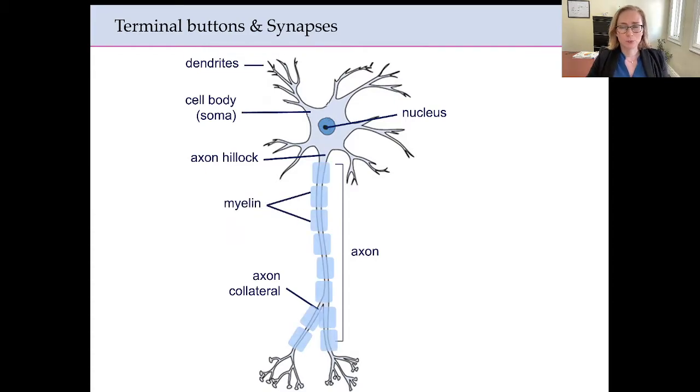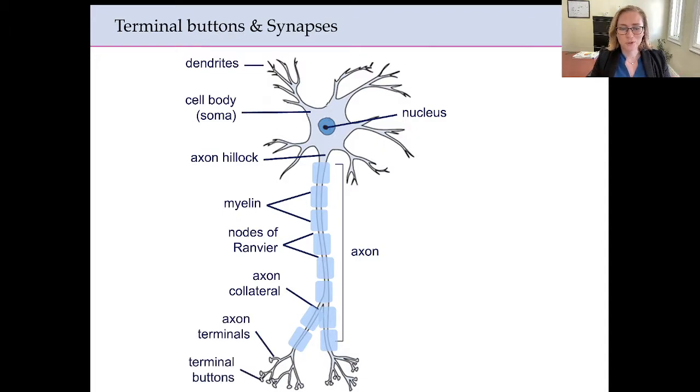And myelin, which is the fatty tissue that the axon is wrapped in, helps insulate, kind of like a wire insulation, making sure nothing else is interfering with it, and it helps with conduction speed. So myelinated axons are very fast and efficient at communicating. The spaces in between the myelin are called the nodes of Ranvier.